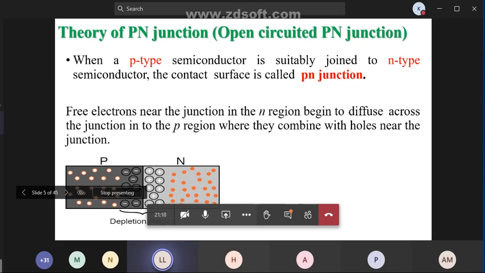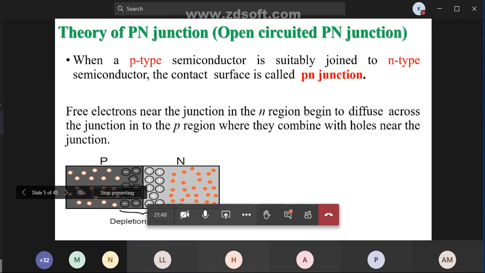So open circuited means here we are not applying any external voltage. For the p-type material, the majority carriers are holes and the minority carriers are electrons. For the n-type material, the majority carriers are electrons and the minority carriers are holes.